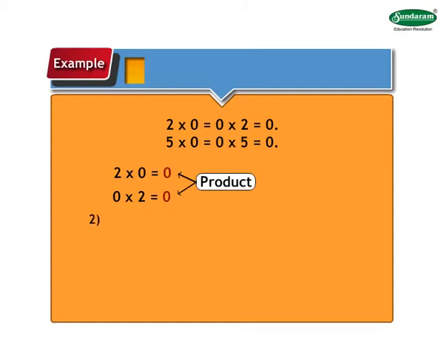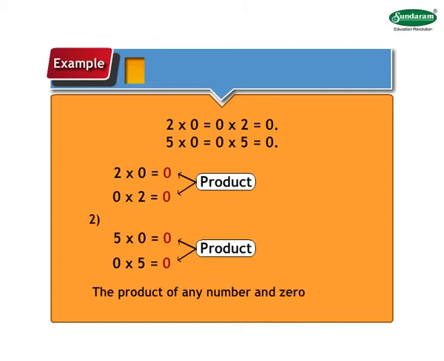In the second example, we can see that when 5 is multiplied by 0 or when 0 is multiplied by 5, we get the product as 0. Thus, to conclude, we can understand that when any number is multiplied by 0, the product that we get is 0. In other words, the product of any number and 0 is 0.